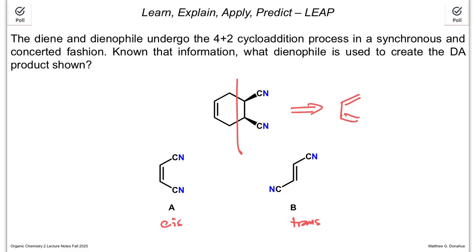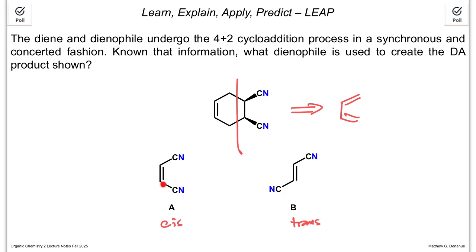So now does that dial us more into A and explaining that the relationship of cis must be maintained in the product, because when the transition state is happening, the geometry must be conserved.